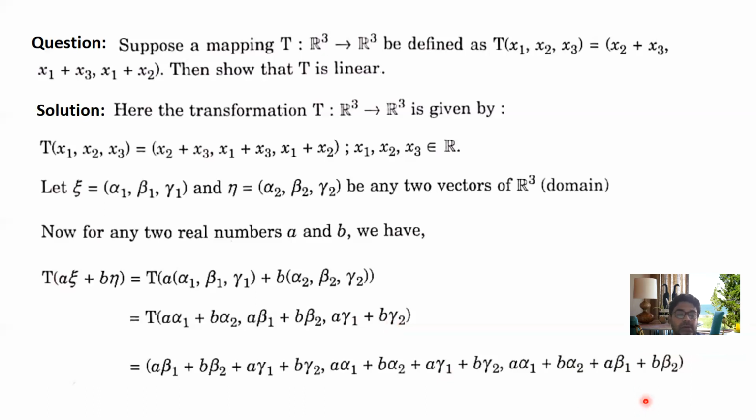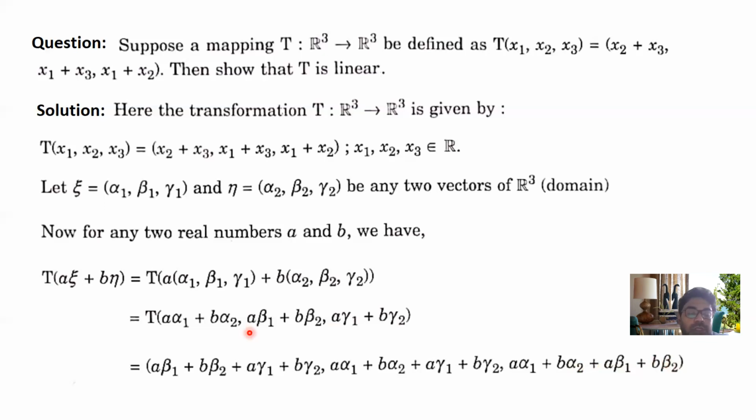Clear? If I substitute this relation, that is x2 plus x3, that is (a beta 1 plus b beta 2) plus (a gamma 1 plus b gamma 2), comma, (a alpha 1 plus b alpha 2) plus (a gamma 1 plus b gamma 2), because x1 plus x3. Now (a alpha 1 plus b alpha 2) plus (a beta 1 plus b beta 2).